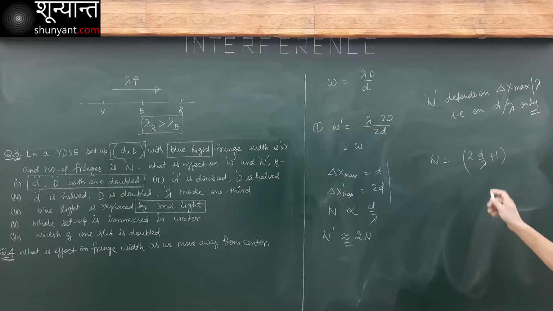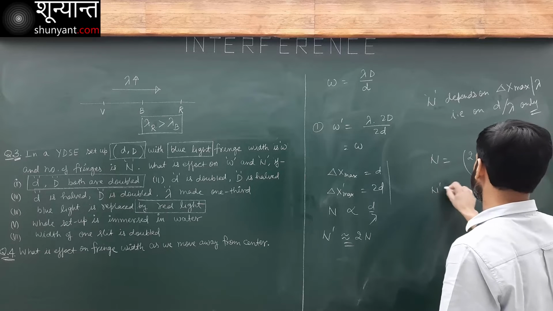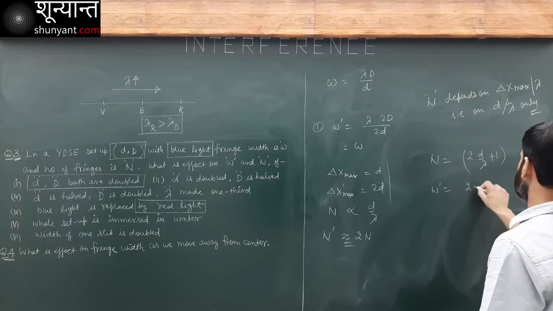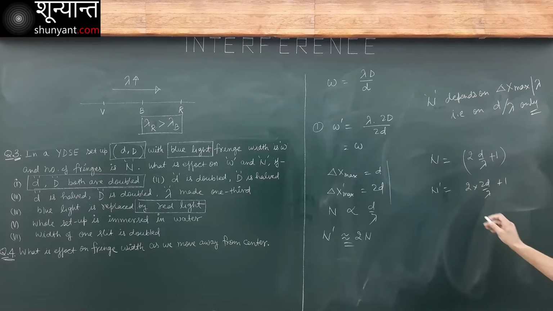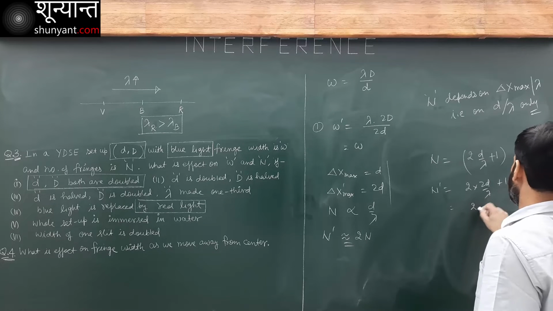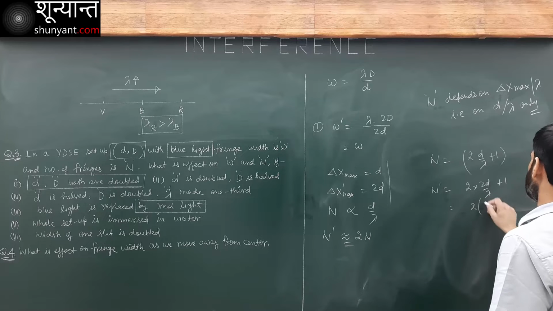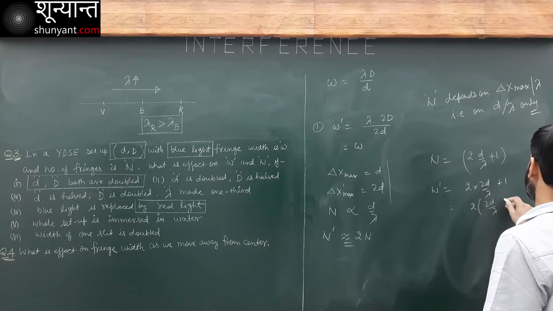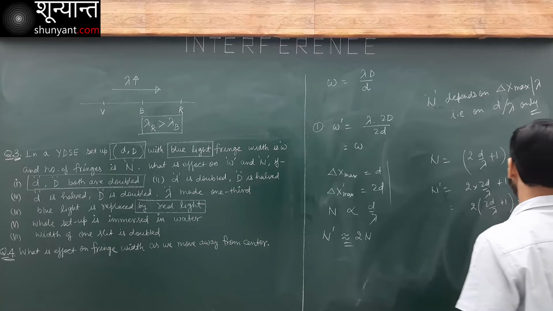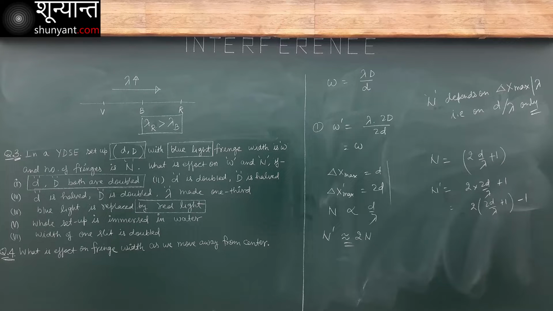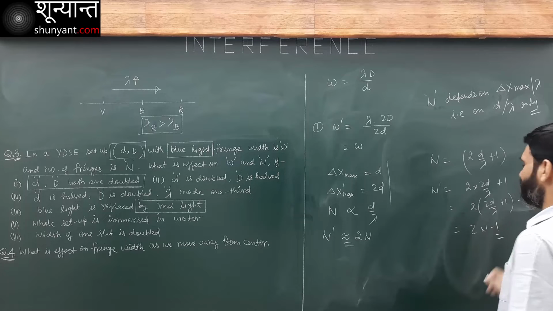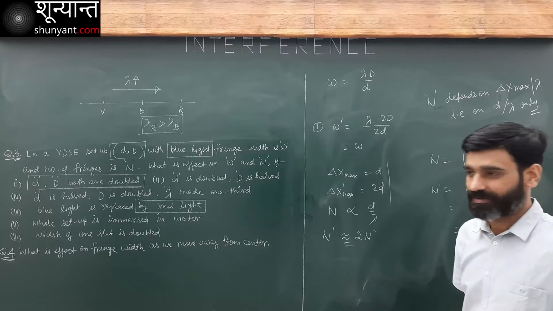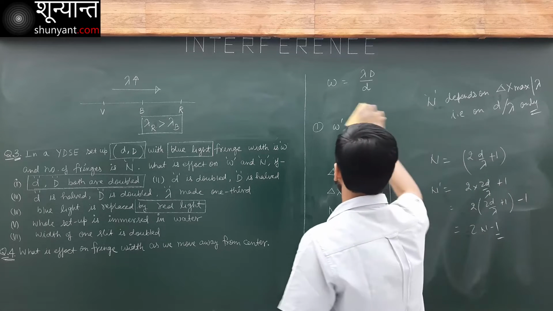Theoretical answer, let's say. Now n dash will be equal to 2 times 2d over lambda plus 1, minus 1. This will be equal to 2n minus 1. That's why I am writing almost double. Understood? Now the second one.